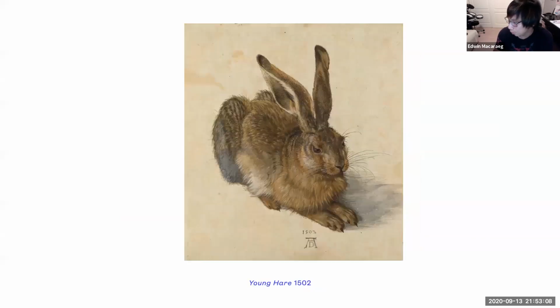And here is one more example. And this is what he made a lot of when it came to this medium here, these illustrations of animals and plants. And this one's one of my favorites by the artist. And it's very, of course, representational.